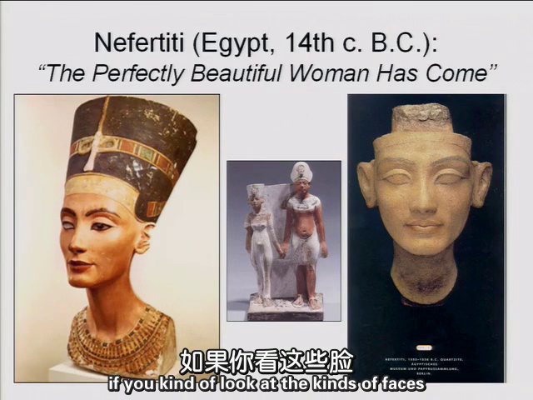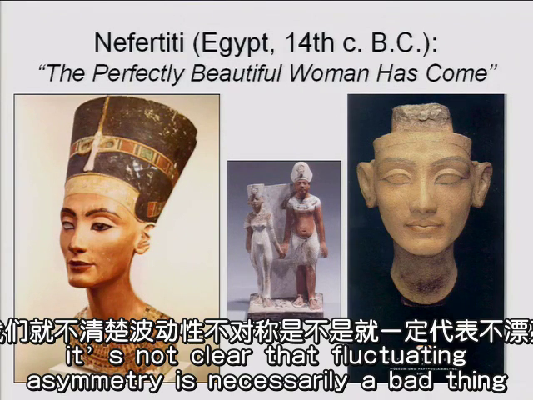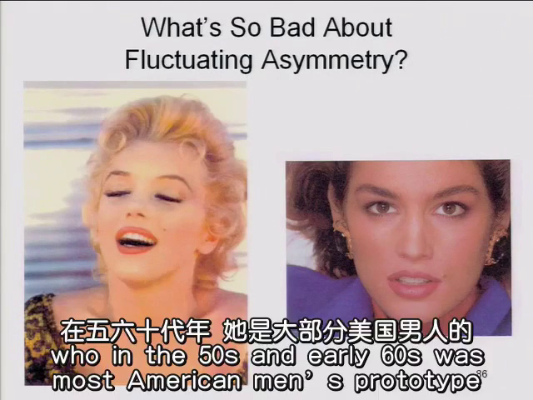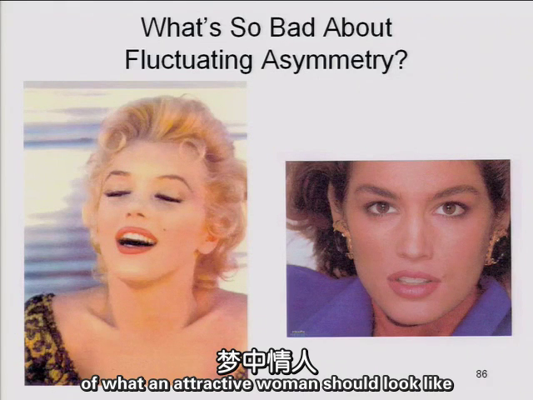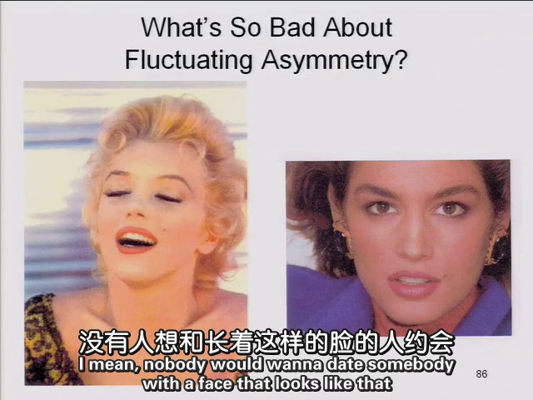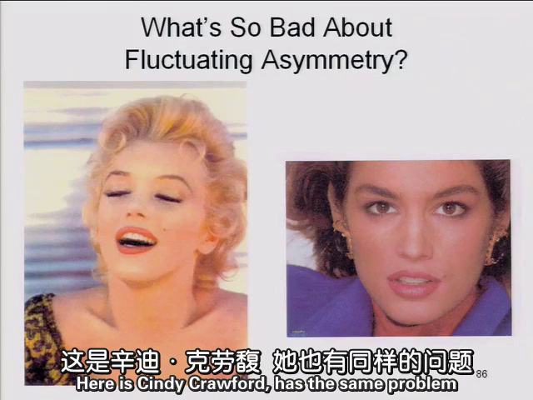But by the same token, if you look at the kinds of faces that people tend to perceive as highly attractive, it's not clear that fluctuating asymmetry is necessarily a bad thing. Consider, for example, Marilyn Monroe, who in the 50s and early 60s was most American men's prototype of what an attractive woman should look like. And you can see this big fluctuating asymmetry right there. I mean, nobody would want to date somebody with a face that looked like that. That's just bad. Here's Cindy Crawford, has the same problem.